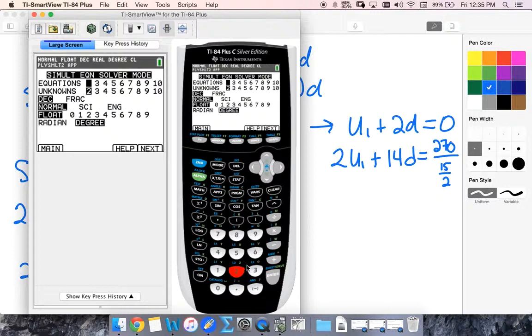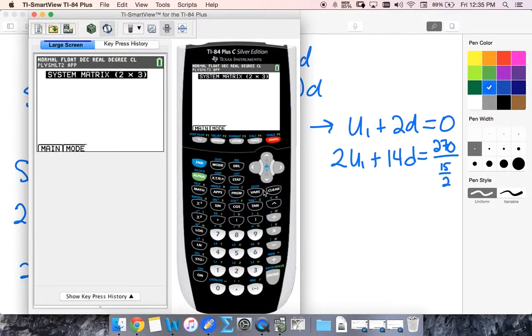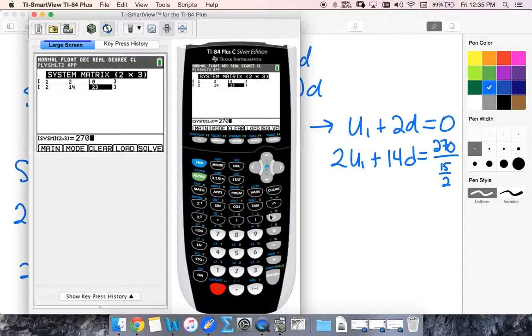So let's go back to our simultaneous equation solver, and now I am left with this 2, 3. I need it to be 270 divided by the whole thing, so parentheses, 15 divided by 2. Oops, I only needed to close one parenthesis.